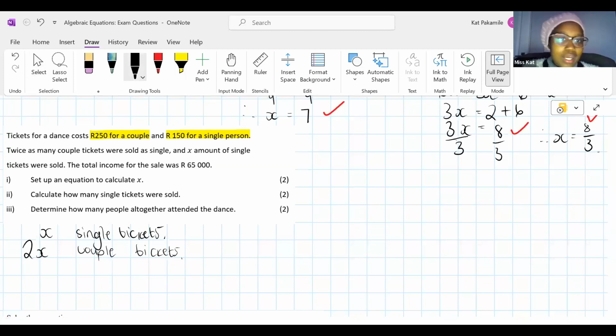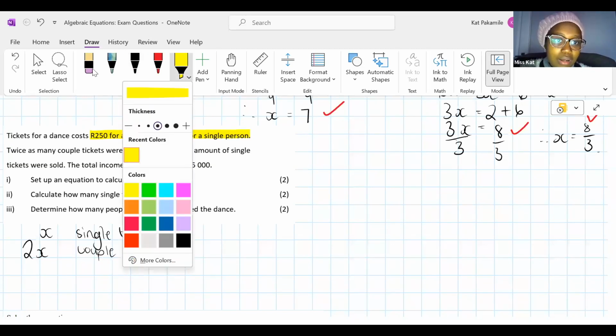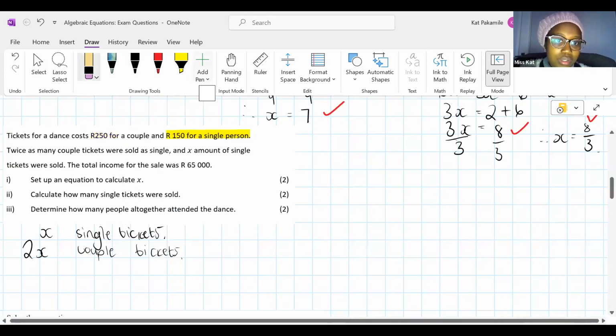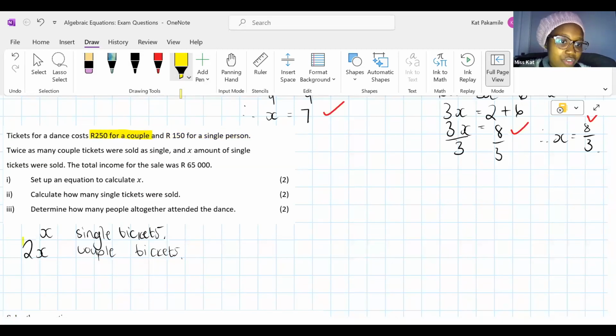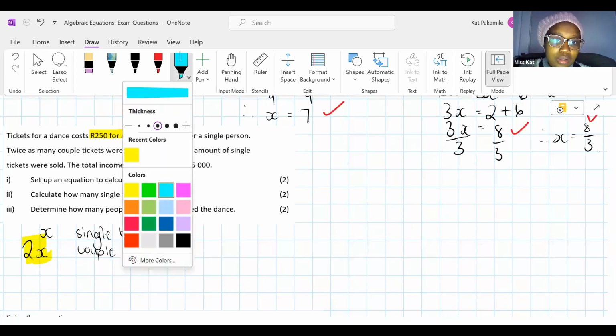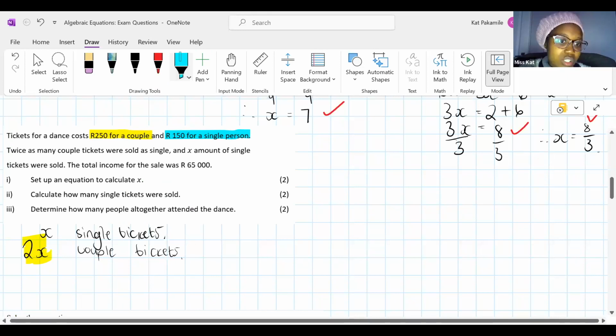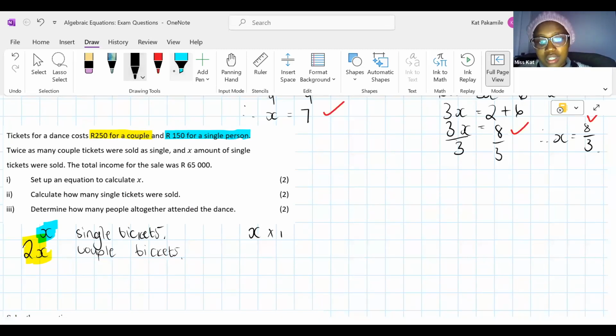Okay, so if 250 is for a couple, now let me work with highlights, color coding. 250 is for a couple and X was for single. That means you have X times 150 sold and 2X times 250 sold.